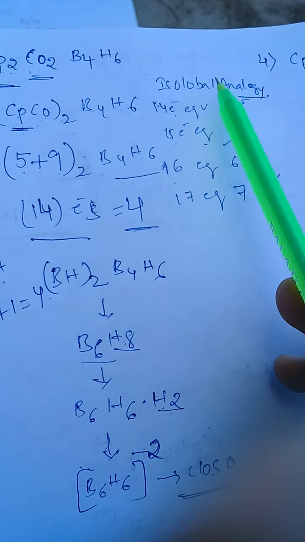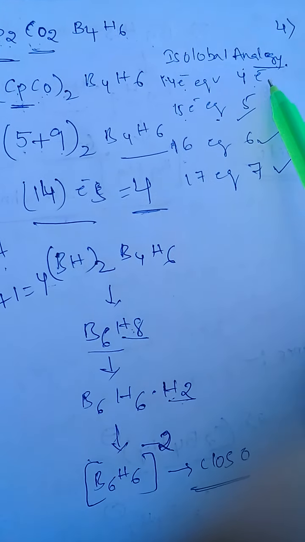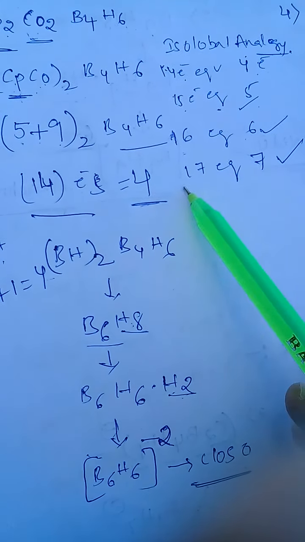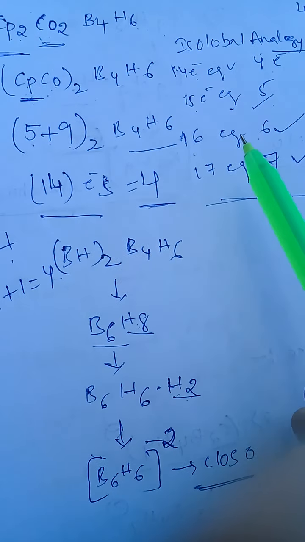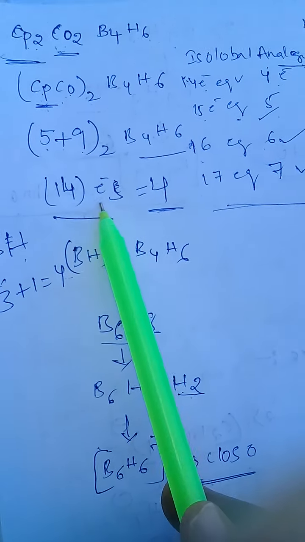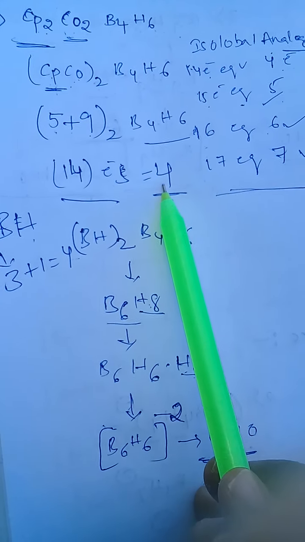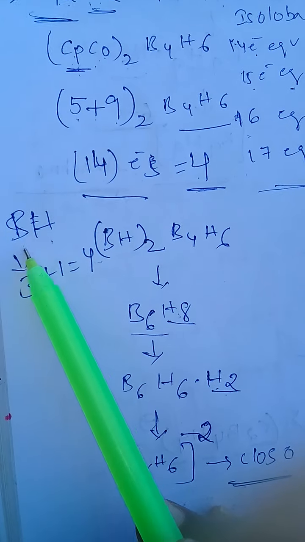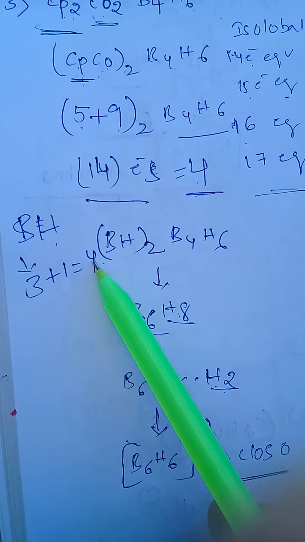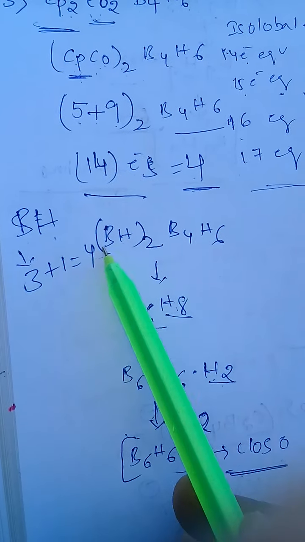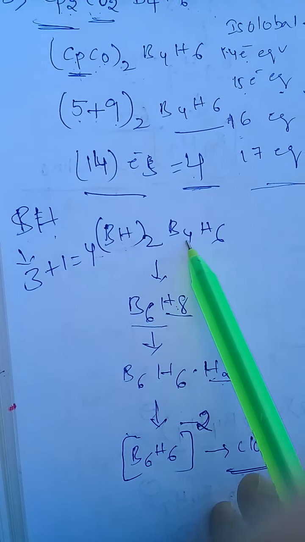In the isolobal analogy, 14 electrons equal 4, 15 equal 5, 16 equal 6, and 17 equal 7. So 14 electrons equal 4, and 4 means BH. For BH total electrons equal 4. In the place of CpCo twice we take BH twice, B4H6.